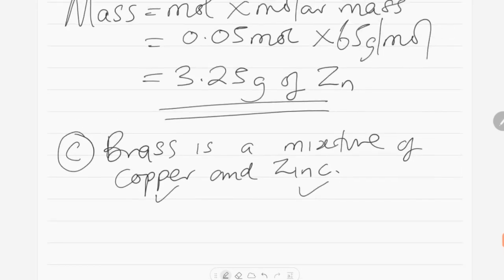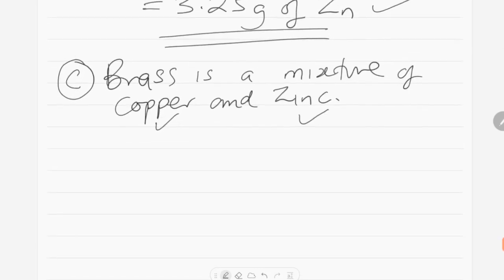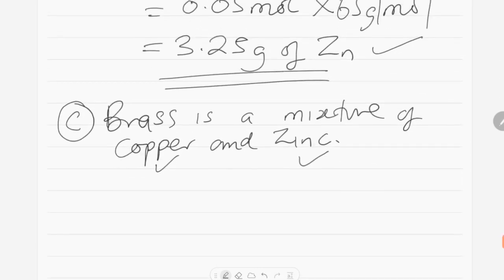But we already know that the mass for zinc, in this case, is 3.25. So since brass is copper and zinc, the rest of the mass from the 10 is that of copper.